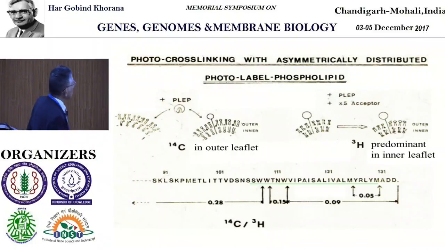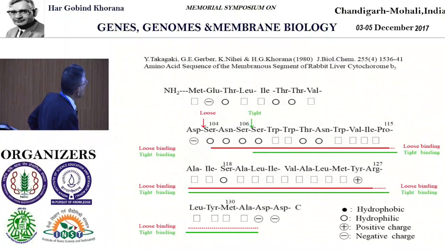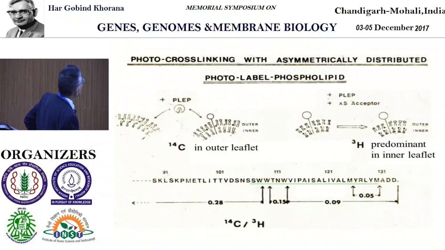And to cut the story short, to answer the question, what is the form of the C-terminal, I created unsymmetrically distributed vesicles having C14 in the outer leaflet only, using phospholipid exchange protein of Carl Oates.